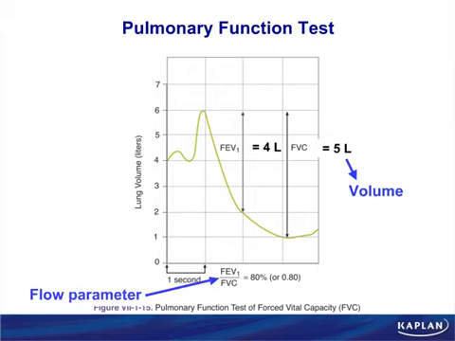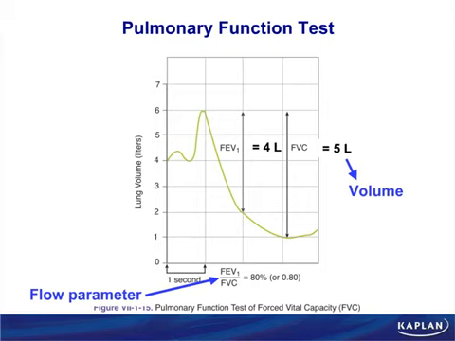So we take that and make it a ratio, the FEV1 to FVC ratio. When we make this a ratio, it turns it into a flow parameter. Notice what we have from pulmonary function testing: we have flow and we have volume.